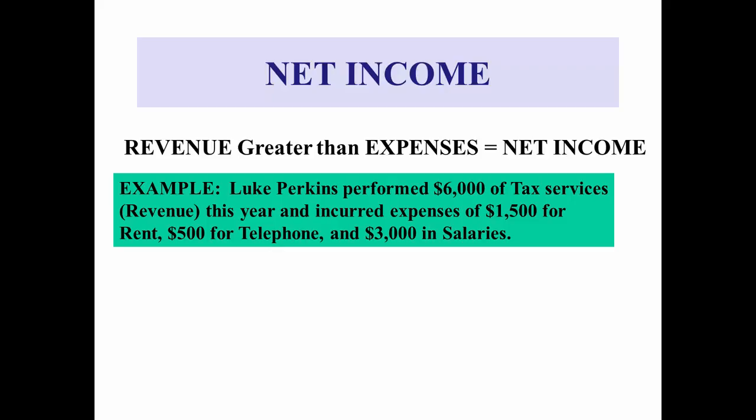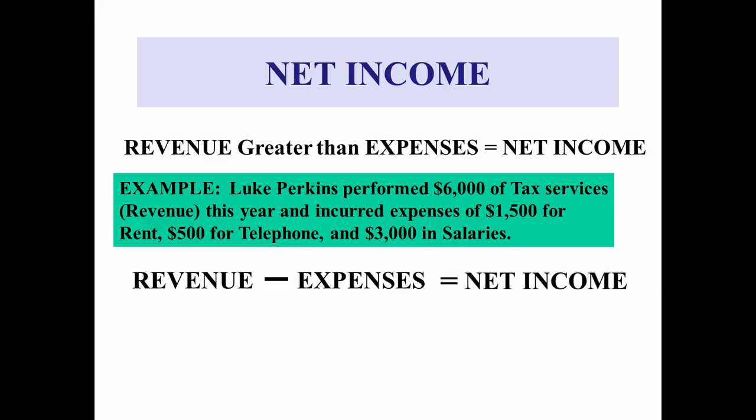And he incurred expenses of $1,500 for rent, $500 for telephone, and $3,000 in salaries that he paid to others. Take all our revenues, total them up, subtract out all the expenses, and whatever's left over is net income. If it's a positive number, it's net income; it's a net loss if it's a negative number.